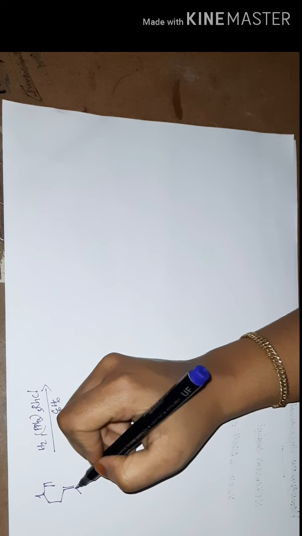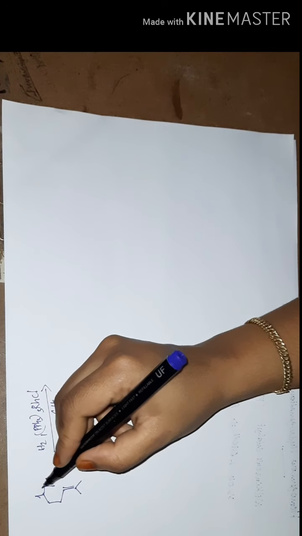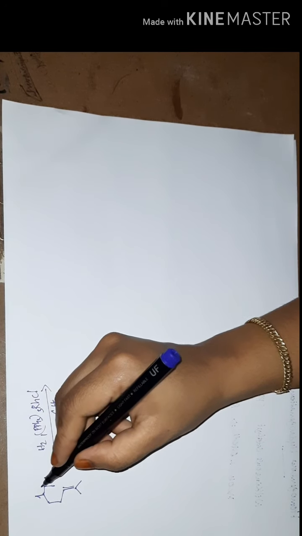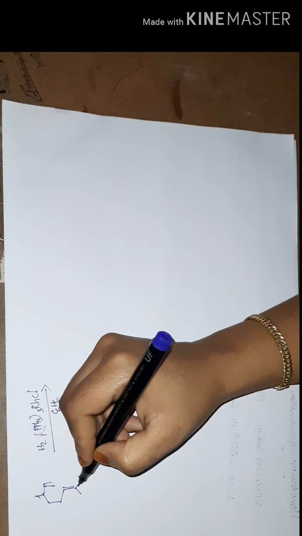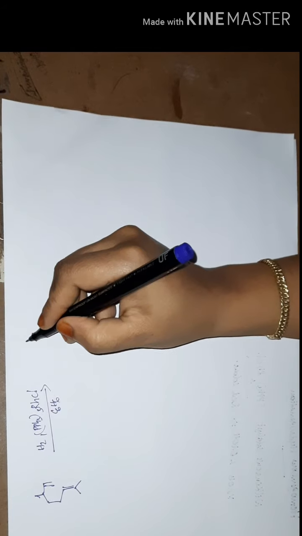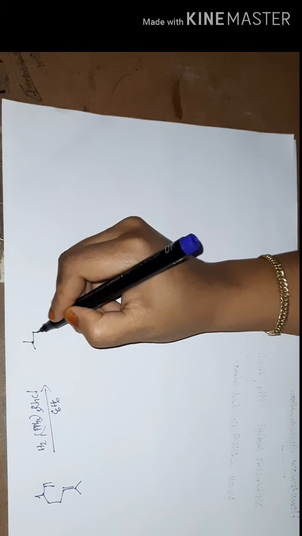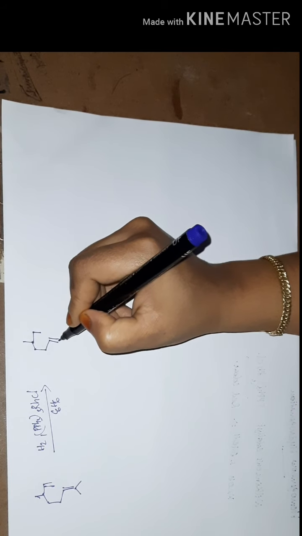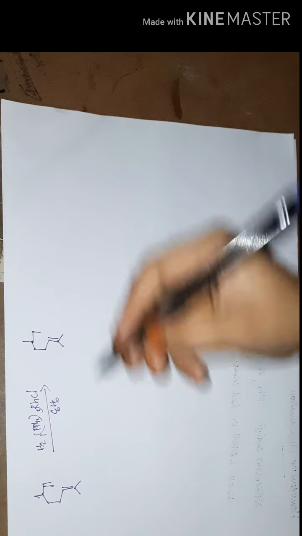Comparing these two, we can say that the less substituted double bond is reduced. Here this is mono substituted and this is tri substituted. Hence, the mono substituted double bond is reduced, keeping the tri substituted as such. So this is the product.